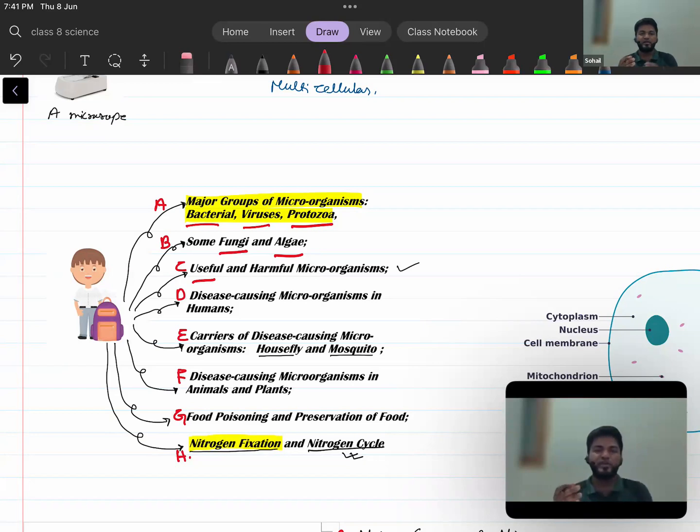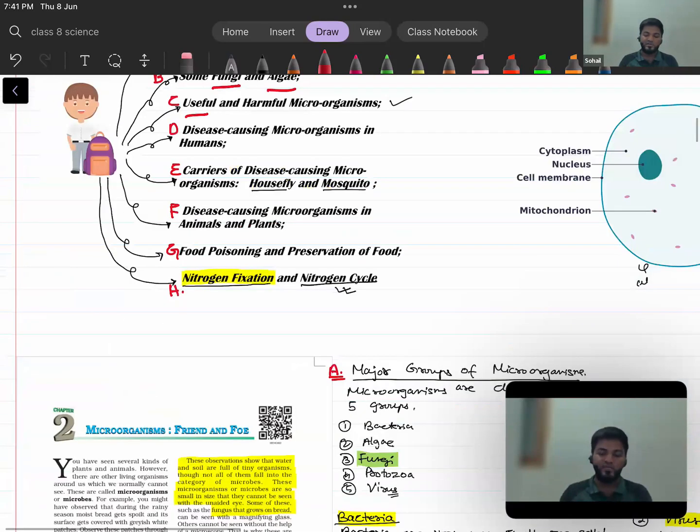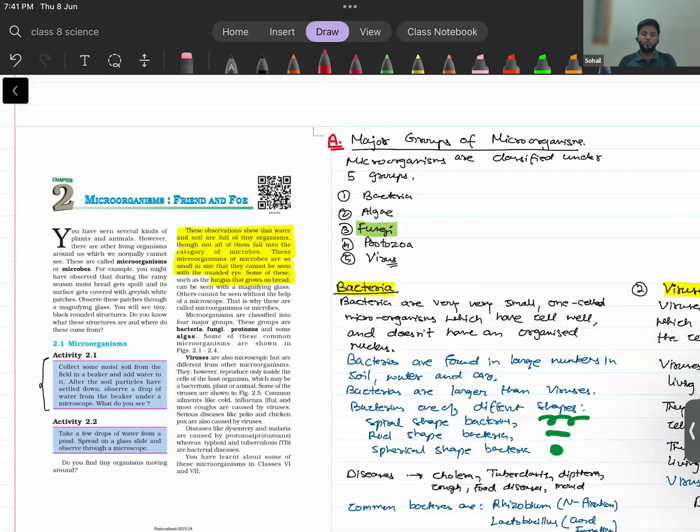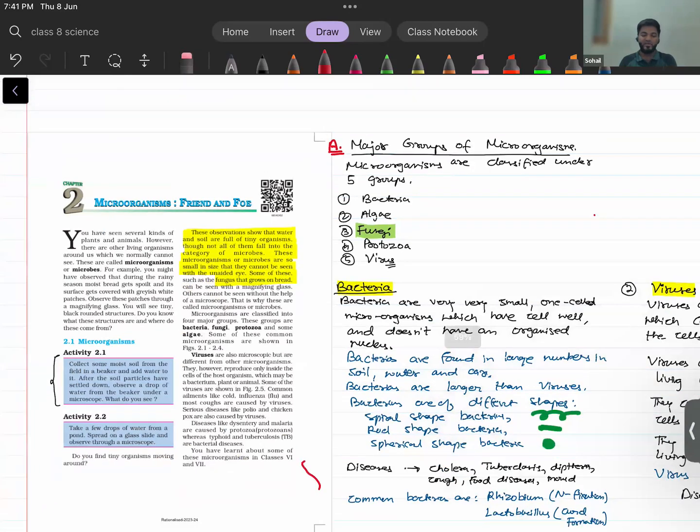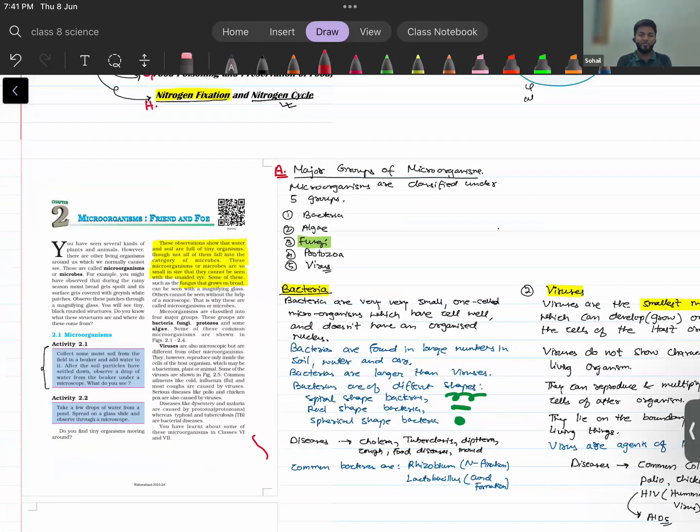To make that curd also, certain bacteria are used, right? And certain medicines which we take while we are sick, like antibiotics, doctors recommend you to take antibiotics when you are sick. Those medicines are also made with the help of certain bacteria, right?